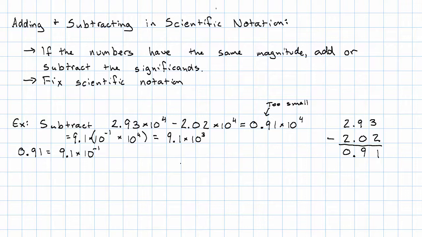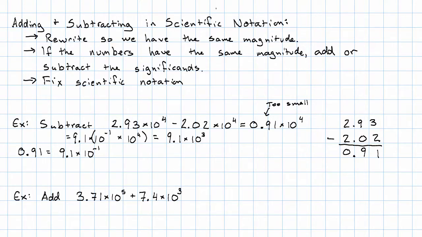Okay, what if I don't have the same magnitude? Let's say I wanted to add 3.71 times 10 to the 5th plus 7.4 times 10 to the 3rd. Well, if I don't have the same magnitude, I need to rewrite so that I do, or else the distributive property isn't going to apply.